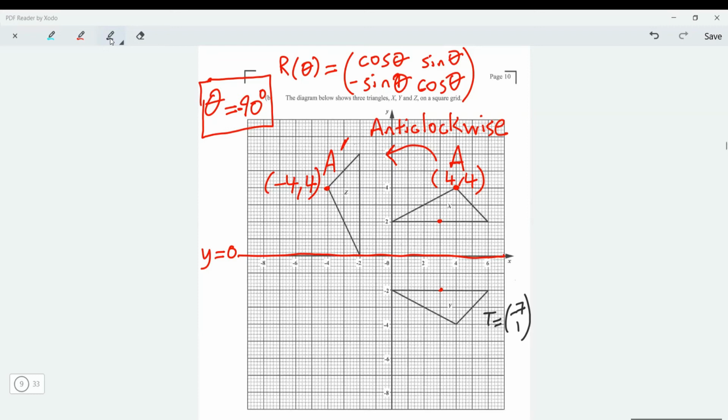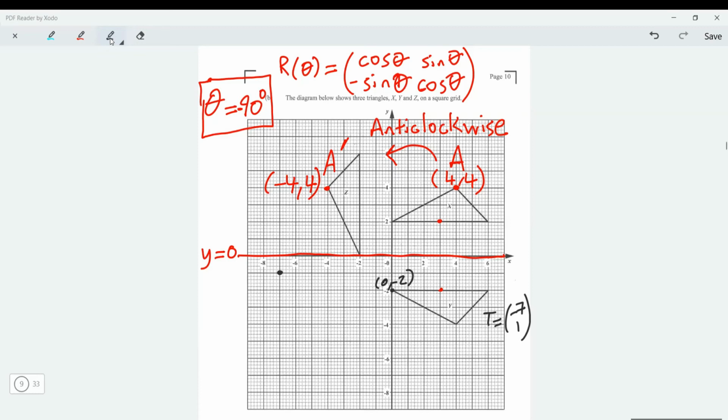Negative means we move the triangle to the left, and 1 means we move the triangle up. So this point right here, which is 0, -2, we move that 7 units to the left. 1, 2, 3, 4, 5, 6, 7. That's this point. Then we'll move it 1 unit up. So then it becomes right here.